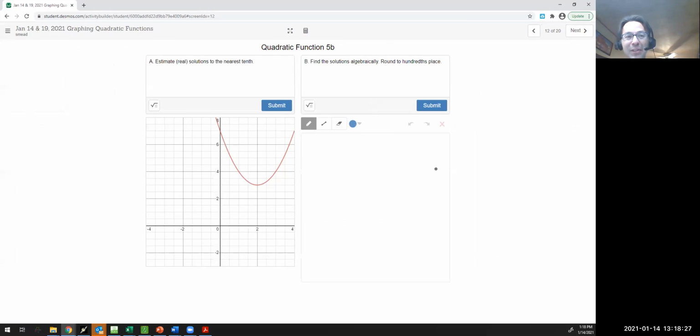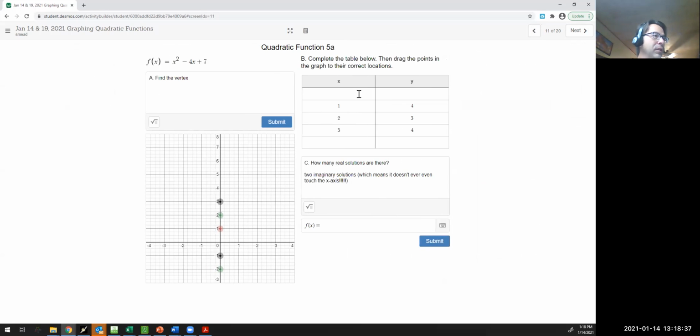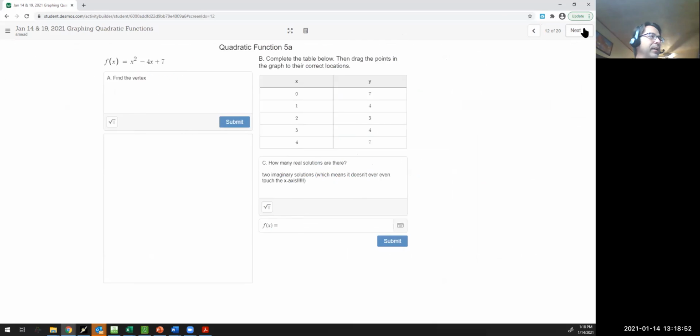It's not really cheating. It's using the resources I give you. Anyways, and then we got 0, 7 right there. 0, 7, which means that the last point in the table would be a 4 and a 7. And then this graph should look exactly like that graph.